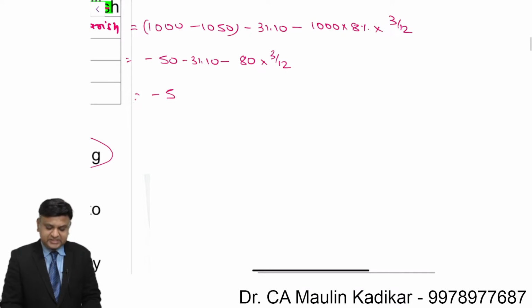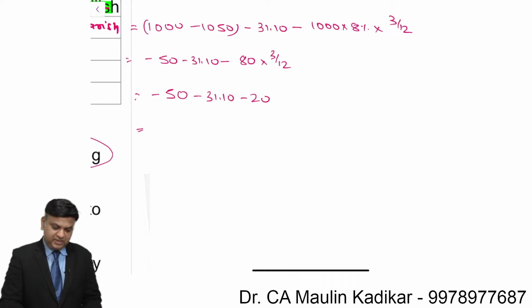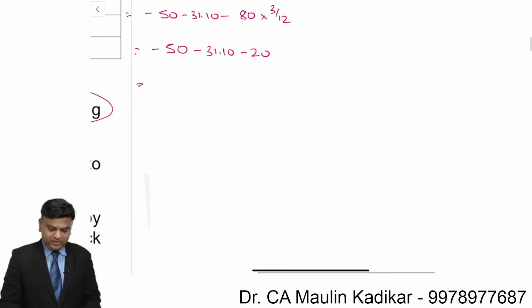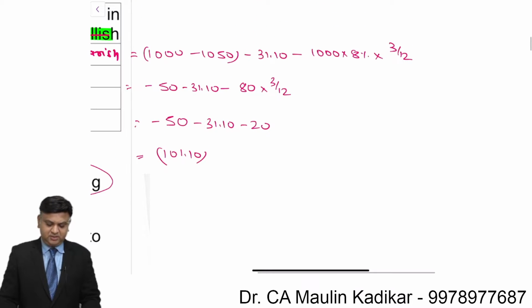So 50 rupees is the loss due to increase in the price, 31.10 is the lending charges, and 20 rupees is the bank charges. So 50 plus 31.1 plus 20, that comes to 101.10. This is the loss that you have on one share.